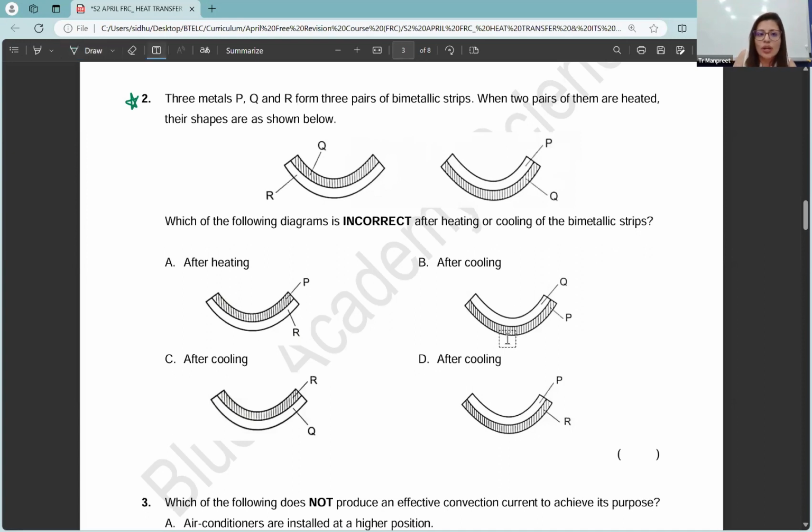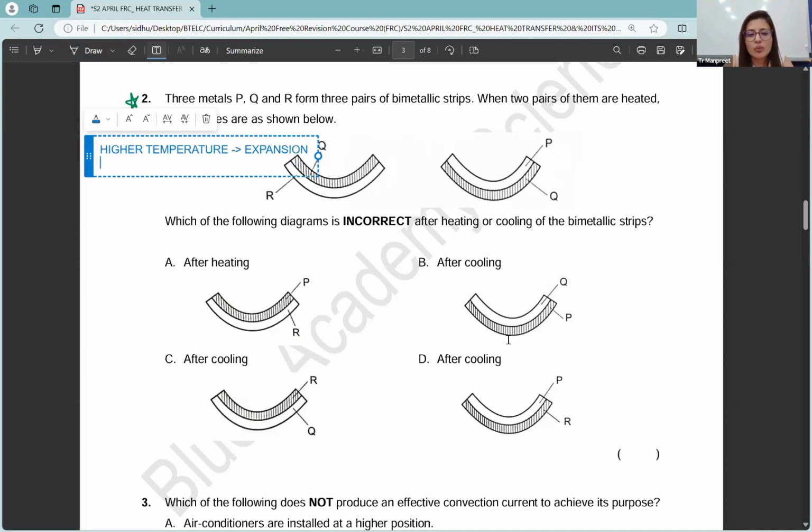So what do we know? When you have a higher temperature, expansion happens. Very easy. And when there is a lower temperature, the reverse happens: you have contraction taking place.